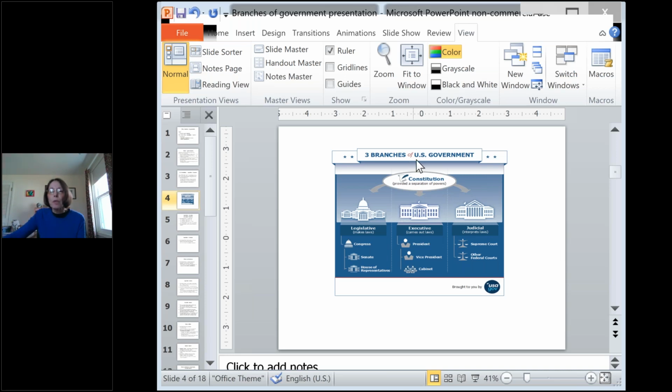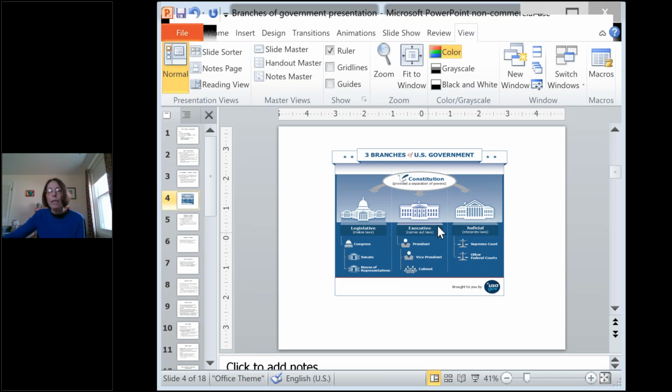Okay, so these are the three branches of the U.S. government, and you might have read about this or seen this before. So here again, the U.S. Constitution, which sets up our system of government, created these three branches, which we'll go into in more detail. The first one is the legislative, which makes laws, and the legislative is made up of the U.S. Congress, which itself is divided into two houses, the Senate and the U.S. House of Representatives.